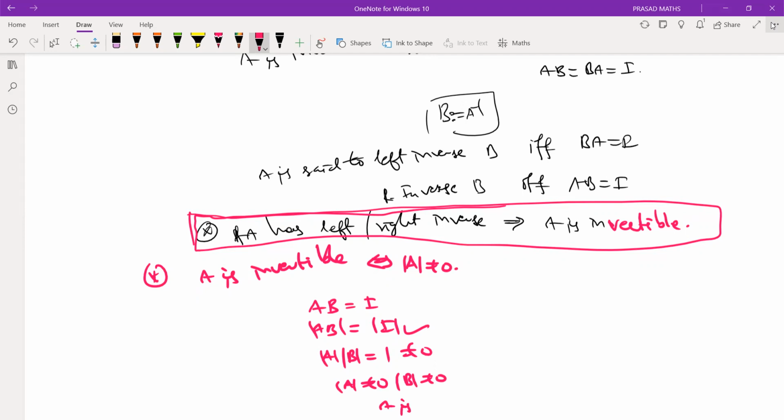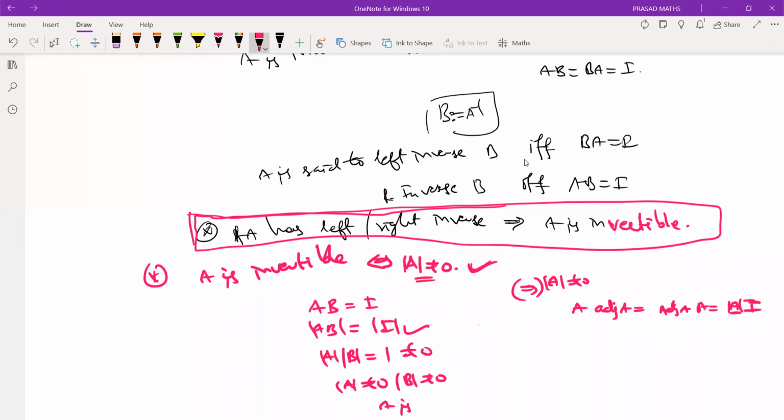Det A non-zero means what? We have done it. Similarly, one can do the converse when I deal with the adjoint of a matrix. This is also true if and only if; we'll see it later. Once det A is non-zero, A into adjoint of A is equal to adjoint of A into A, which is equal to det A into I. I'll tell you this formula later.